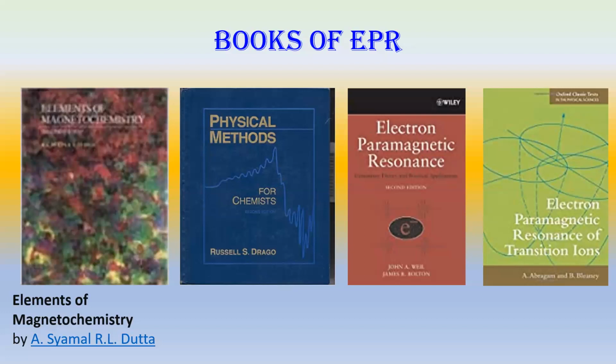Many topics have been discussed, not only EPR. It discusses magnetism, and it also discusses UV and inorganic electronic spectroscopy in a detailed way. Then once you understand the simple EPR spectroscopy, you can jump into Russell-Drago. Russell-Drago's Physical Methods for Chemists is a very, very important book.